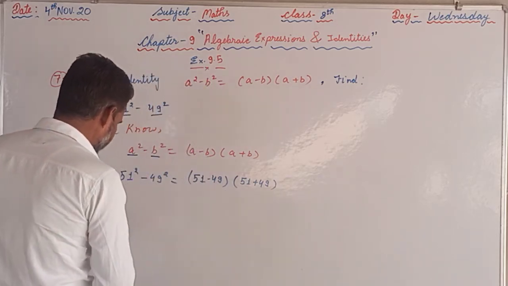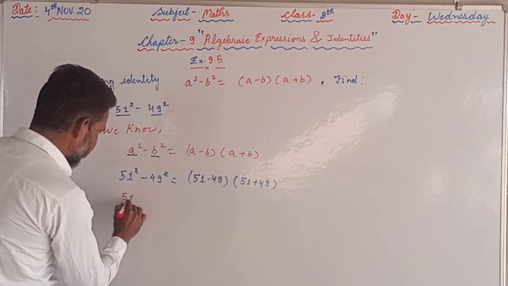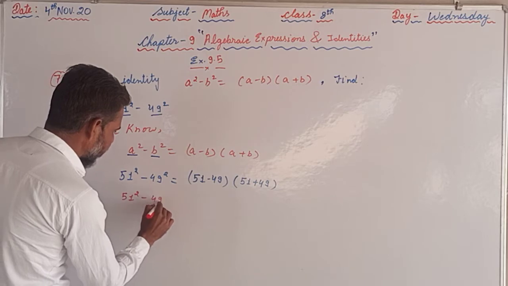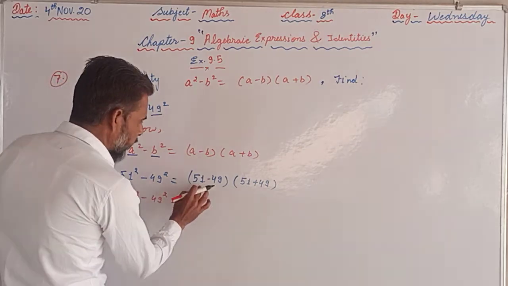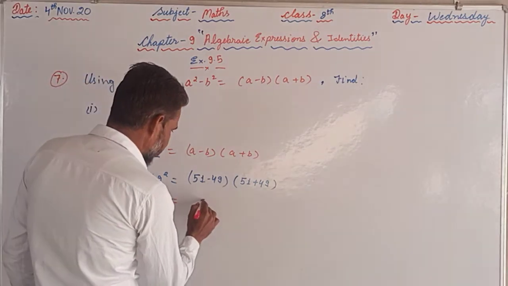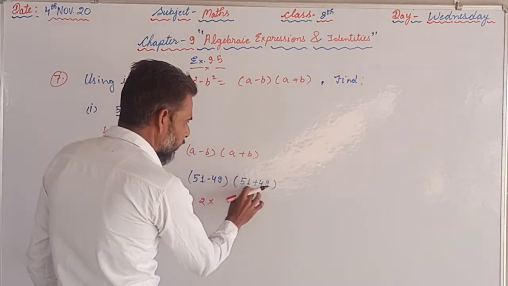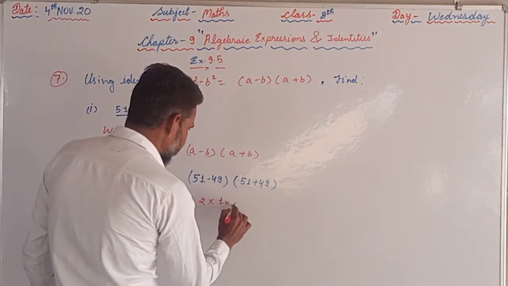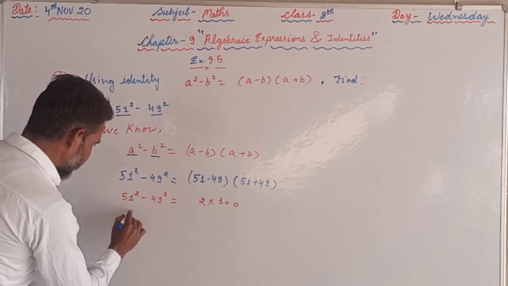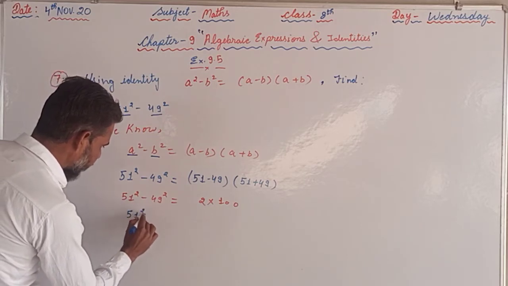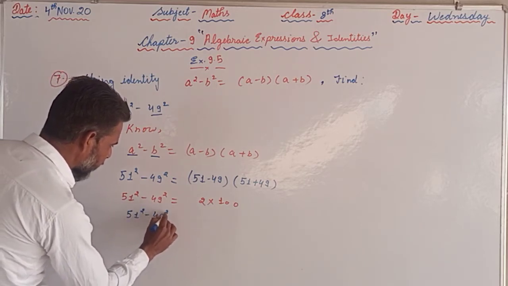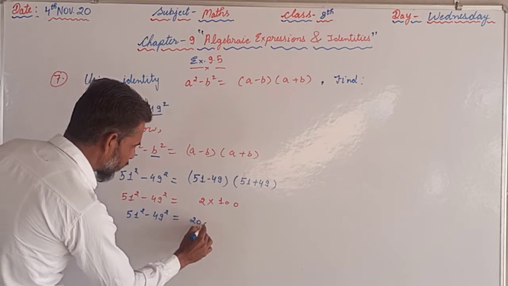So 51 square minus 49 square is equals to 51 minus 49, that is 2, into 51 plus 49, that is 100. So we got the answer: 51 square minus 49 square equals 200.